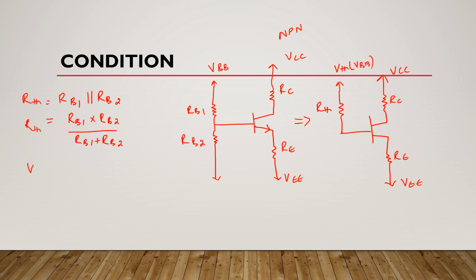Now for VTH, you will use this formula: RB2 multiplied by V divided by RB1 plus RB2. Why this RB2? Because as you can see here, it is closed to ground and this value of V would be given to you. So this is how you will start your analysis in this case.